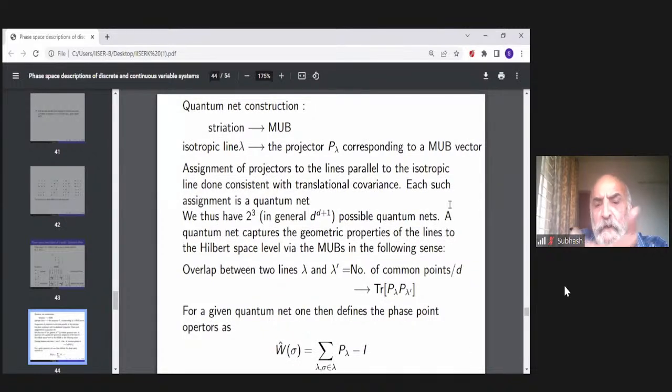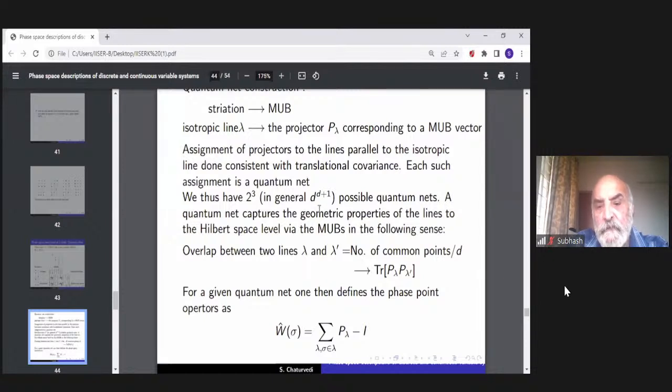Of course, depending on the way you assign the mutually unbiased bases, you will in general have d times (d plus 1) possible quantum nets. Not all of them would be similar; not all of them will be essentially different. They may be related to each other by the Clifford group, which I mentioned earlier. So one needs to find out how many of them are actually independent.